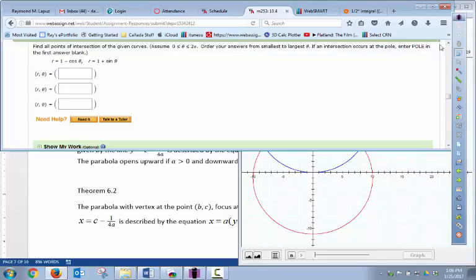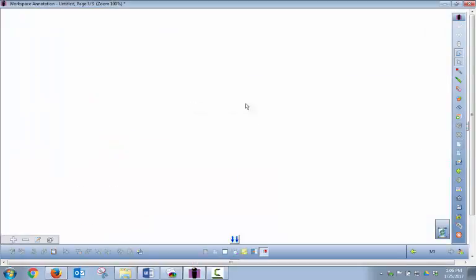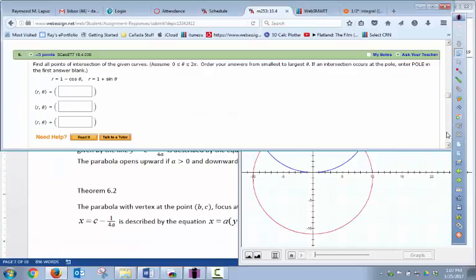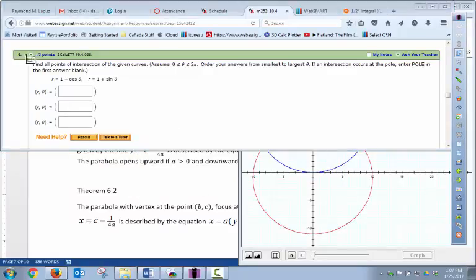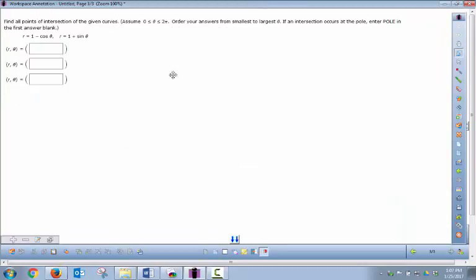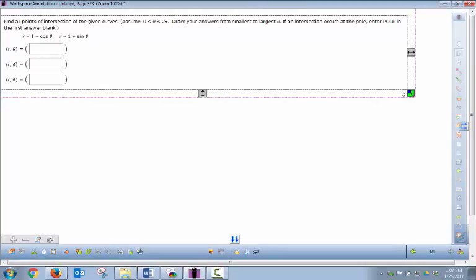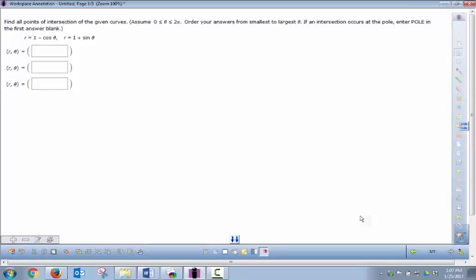All right, let's give this one a try. So find all points of intersection of the curves. Again, I would want to draw it out to see where they intersect.